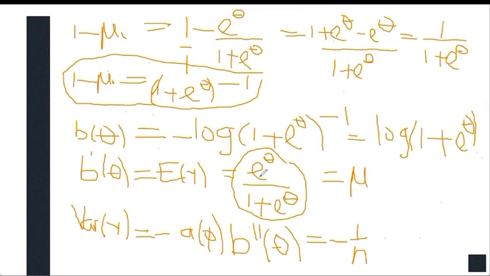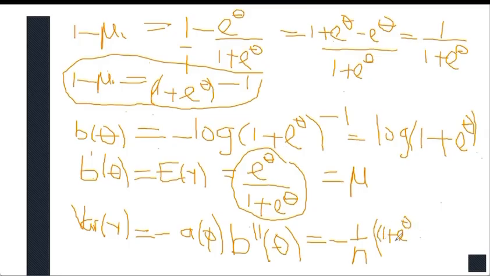Differentiating this, you can actually use the quotient rule of differentiation. Where I'm going to write 1 plus e raised to power theta. Then I'm going to differentiate this one.